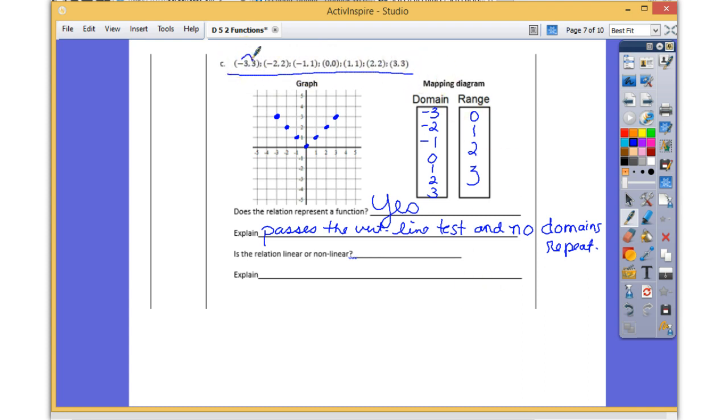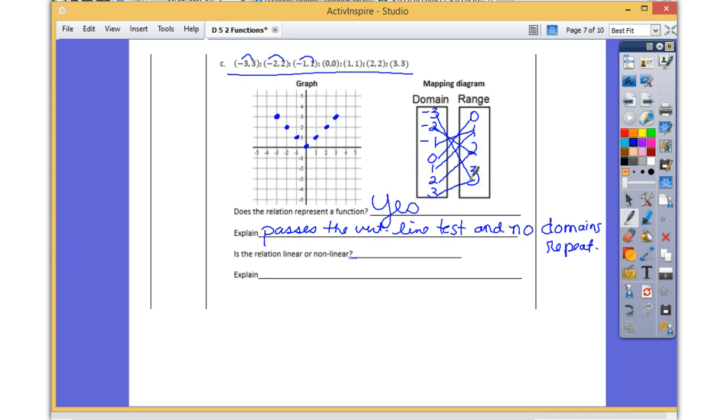So we have a -3 to 3, -2 to 2, then -1 to 1, 0 to 0, 1 to 1, 2 to 2, and 3 to 3.